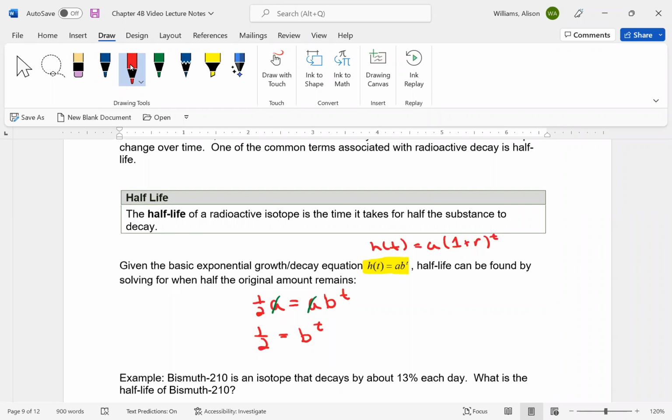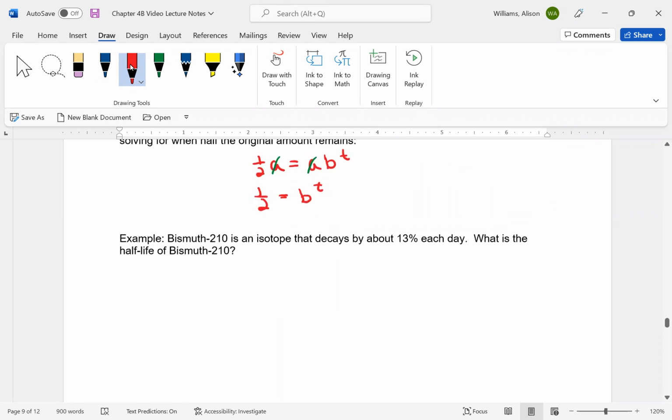Okay, so let's look at this example. Let's suppose bismuth-210 is an isotope that decays about 13% each day. What is its half-life? So how long is it going to take before it gets to half? That's what we're interested in. If half-life is based on this principle, 1/2 equals B to the T, and we know that B could also be rewritten as 1 plus R to the T, we know what R is.